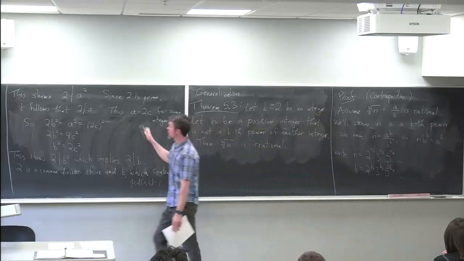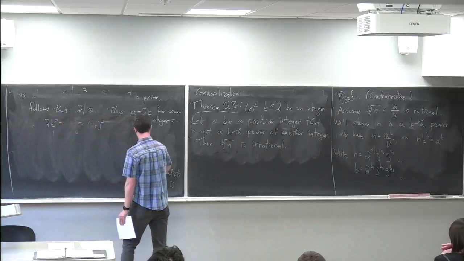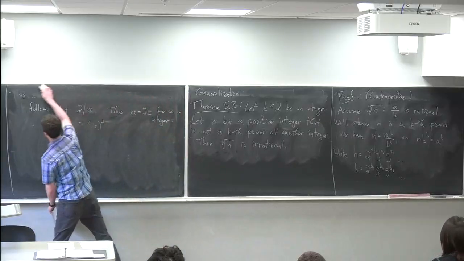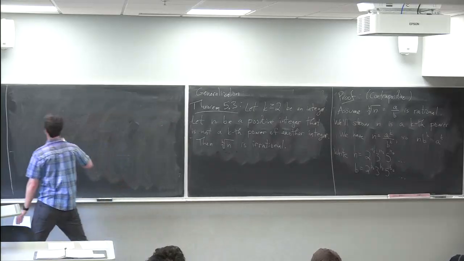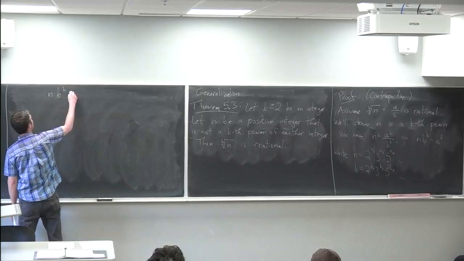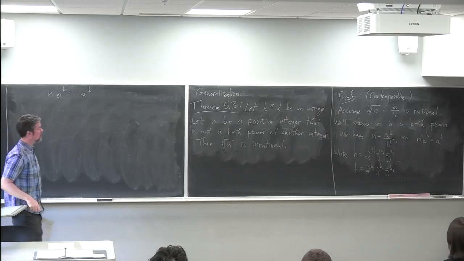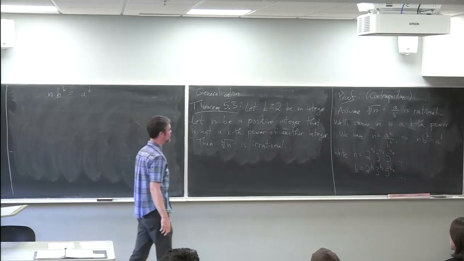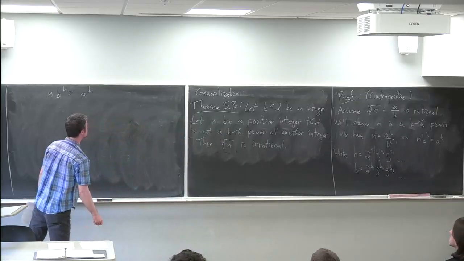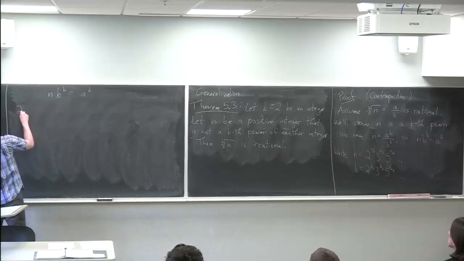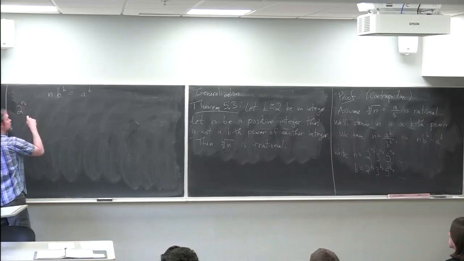Okay, and so what happens then is that we have this equation that says n b to the k equals a to the k. If we look at the left-hand side of this and look at all the primes and group them all together, what we have is, for all the 2's, we have n2 showing up once.